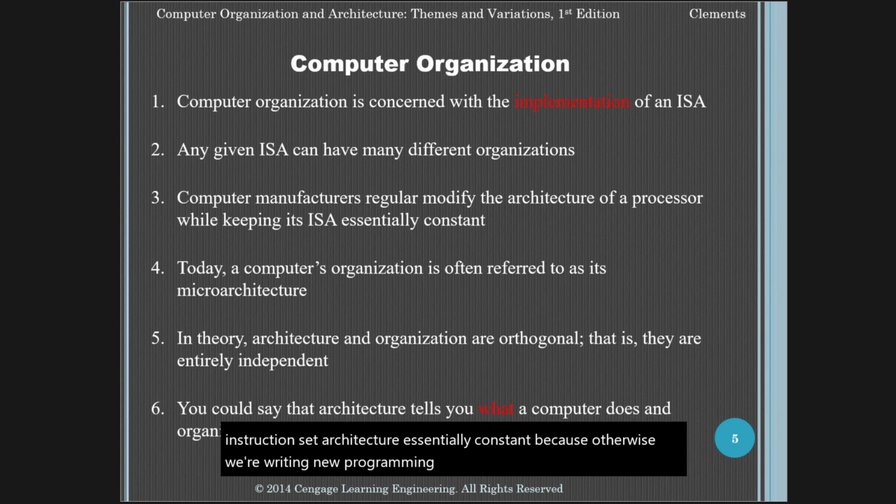We're having to come up with whole new ways to take the languages that computer programmers write, things like Java and C#, and step them down into assembly languages, which is essentially the only thing a processor could speak. So keeping those ISAs essentially constant means we're not having to rewrite everything from scratch.